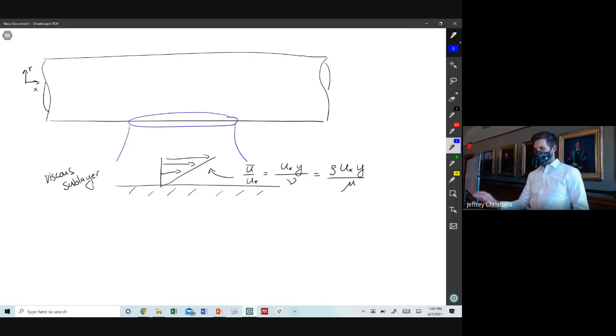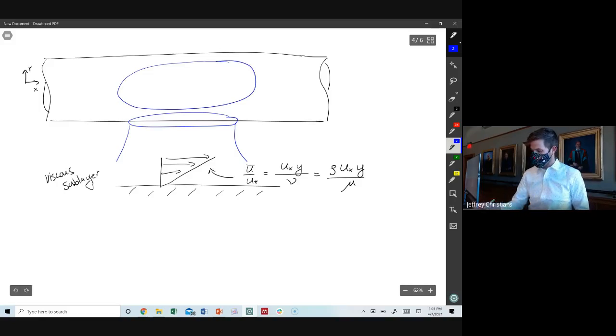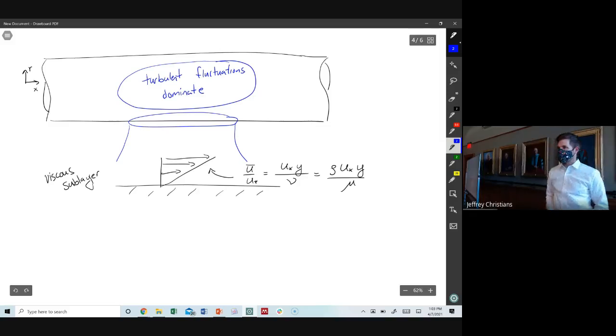That works okay at the wall, but as soon as we jump a little bit away from the wall, we have turbulent fluctuations which dominate. And that's where things get tricky.